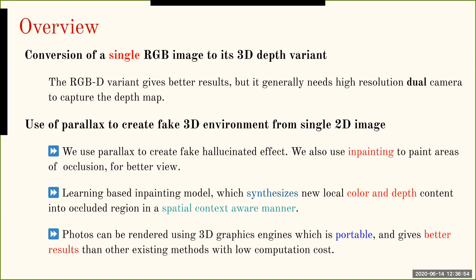So we are using the learning-based inpainting model, which synthesizes new local color and depth content into occluded regions in a spatial context-aware manner. So in a GAN, we generally use different kinds of generative models for creation of new content. So we are using this. Now the photos can be rendered using a 3D graphics engine, which is portable.